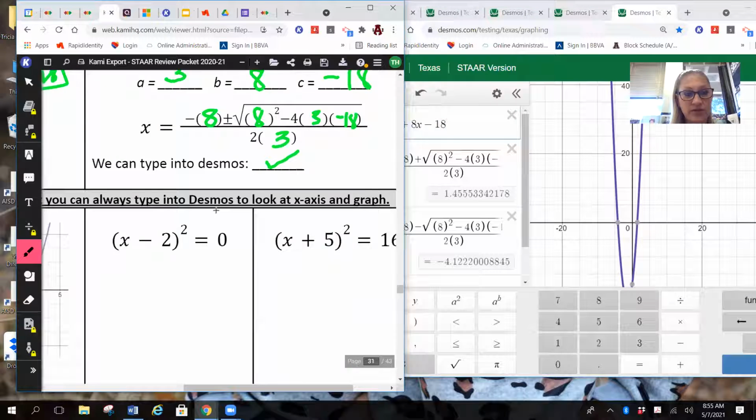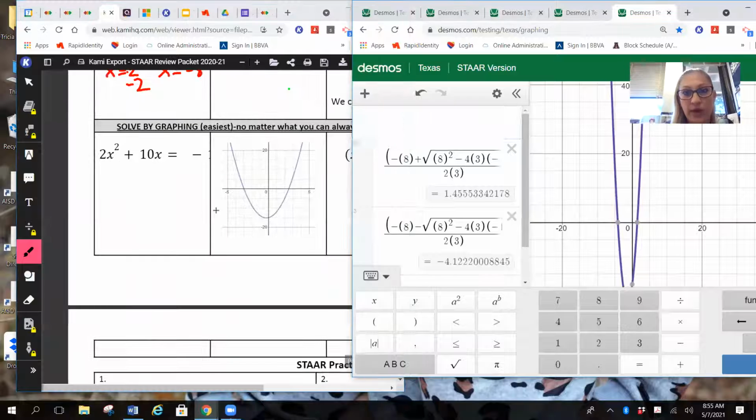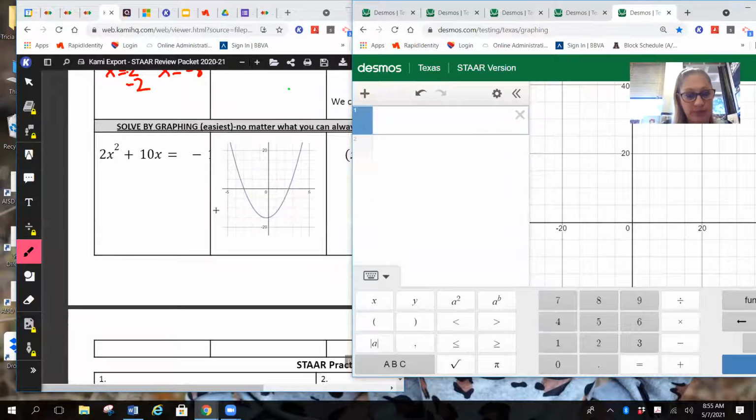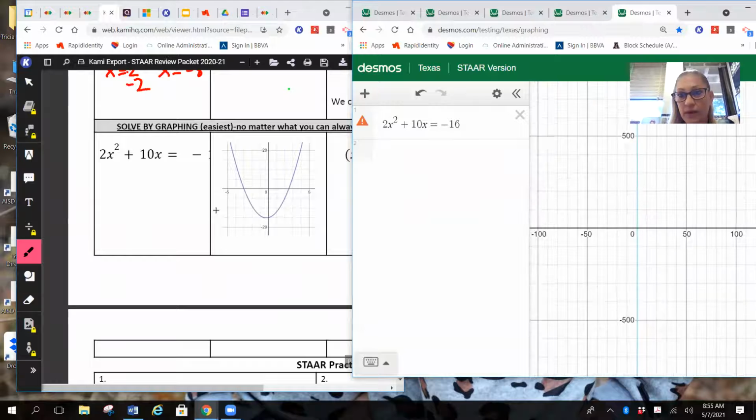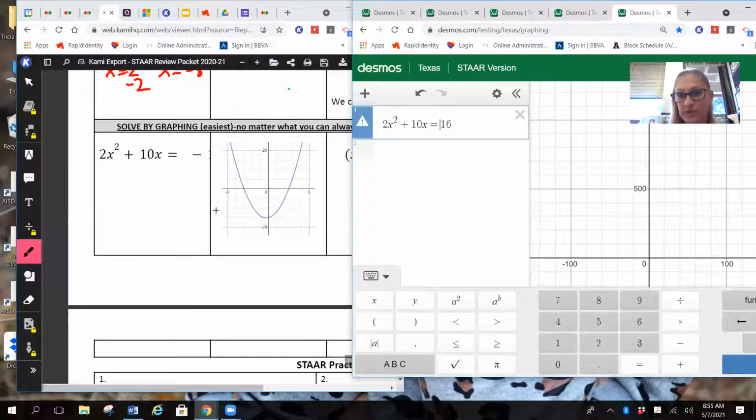All right, so let's scroll down to this page. We have 2x squared plus 10x equals, and I think that's supposed to say negative 16. So when I look, I don't see anything. So maybe it wasn't supposed to say that.